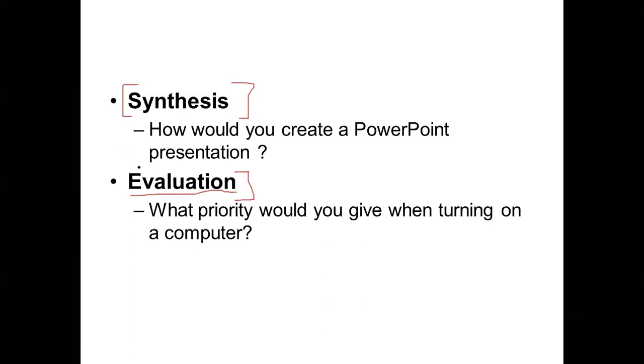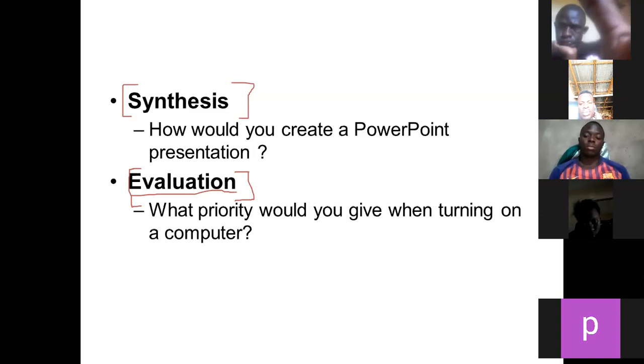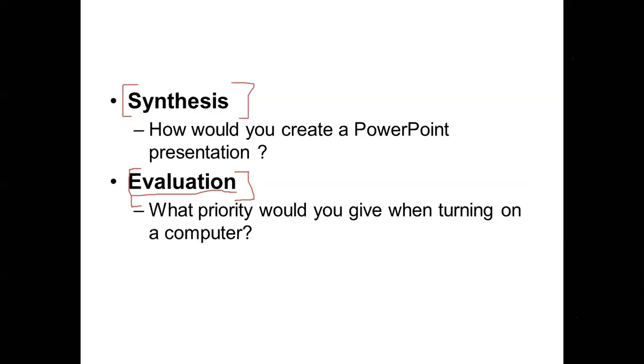This level is also very important to the learner, where the learner is able to put into practice whatever they've learned, and go out there and find out whether this has been done correctly or not. For instance, there would be a question like, what priority would you give when turning on a computer?